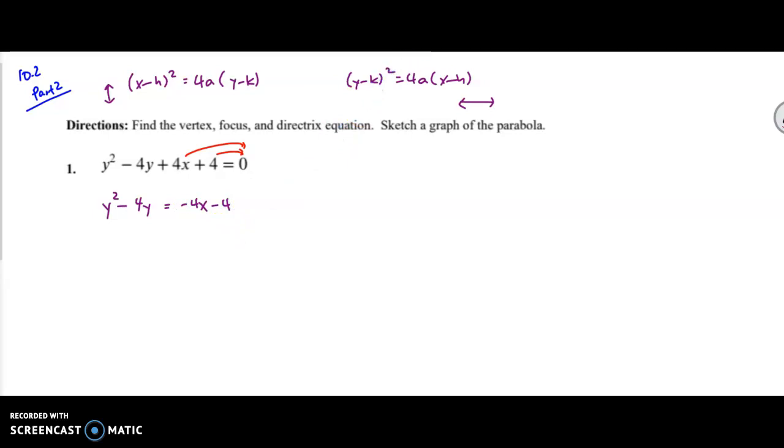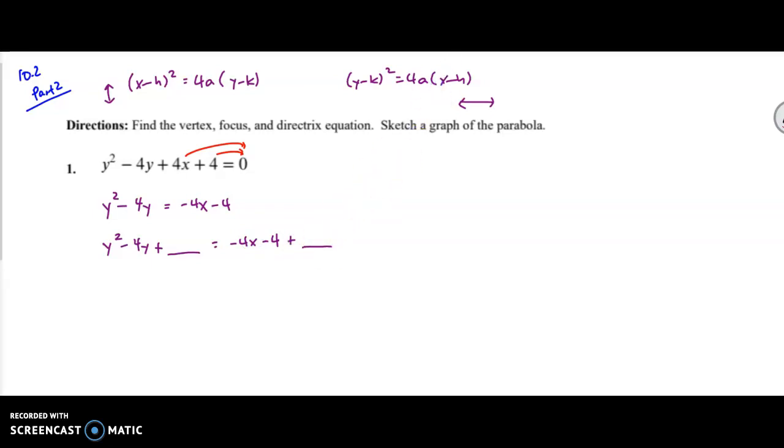Now, when we do the completing the square process, this is going to be y squared minus 4y plus blank, because I know I'm going to have to end up adding something, is equal to negative 4x minus 4 plus blank.